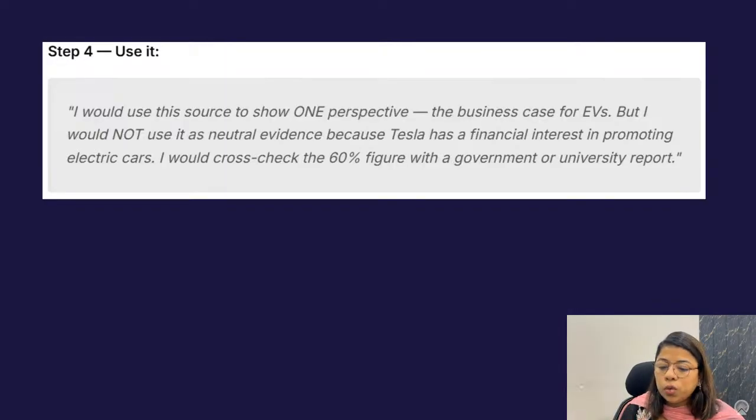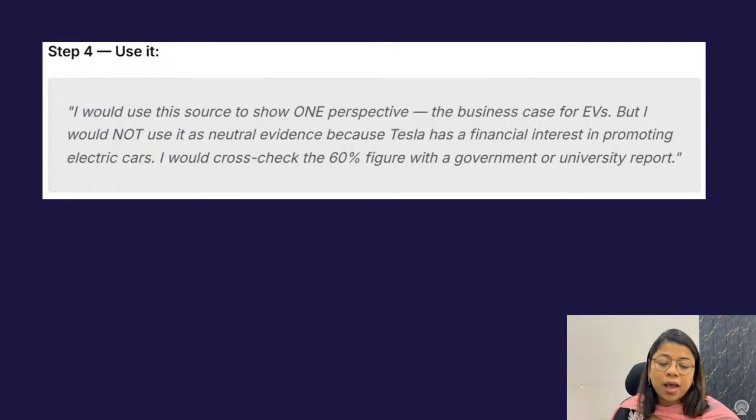I would use this source to show only one perspective, the business case for EVs, but I would not use it as a neutral evidence base because Tesla has a financial interest in promoting electric cars. I would cross-check the 60% figure with a government or university report.